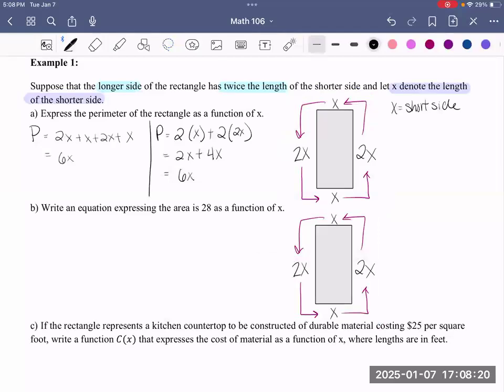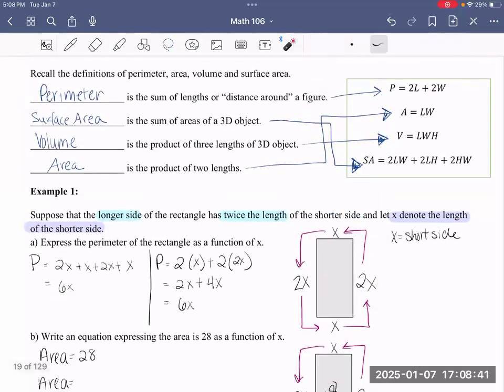On the inside, this is 28. Don't know the units, we'll say square feet. So its area is equal to 28. Well, what do we know about area? Area we just said was the product of your two lengths, length times width.